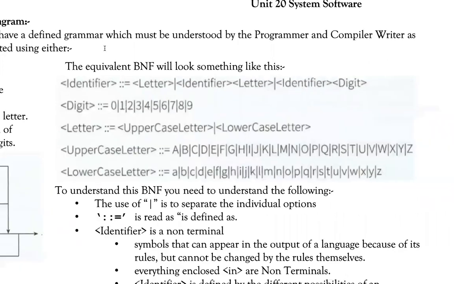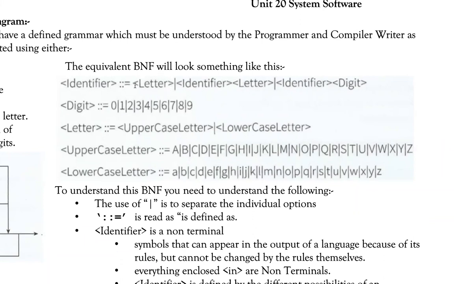In this representation of a Backus-Naur form, you can see, as mentioned before, these are non-terminals, and this symbol here means "is defined as". Now, what this means is that an identifier can be defined as a letter.